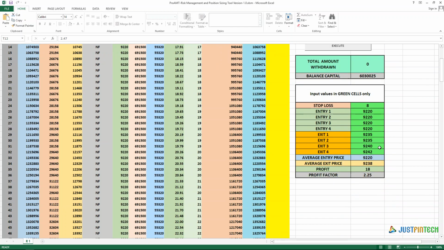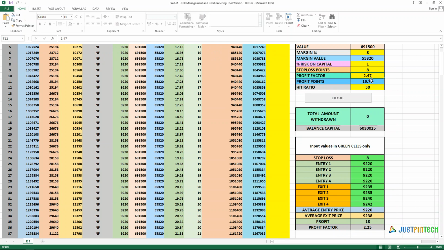Now let's make it 2.25. Execute. 25% from the balance capital gone.